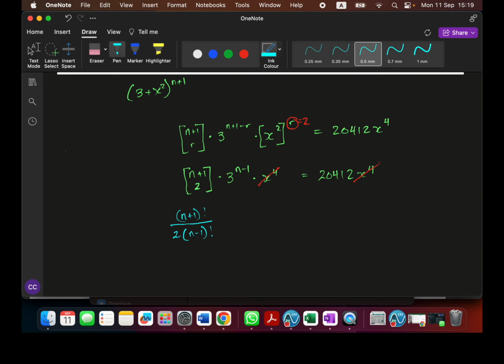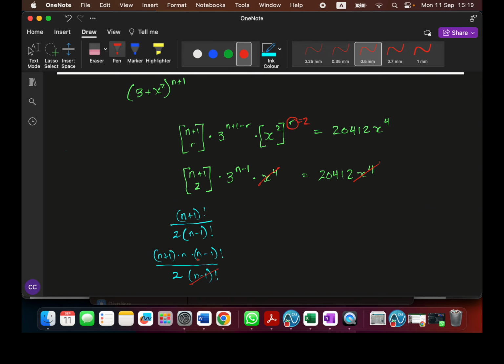So those are my values. I can simplify that to n plus 1 times n times n minus 1 factorial all over 2 times n minus 1 factorial.